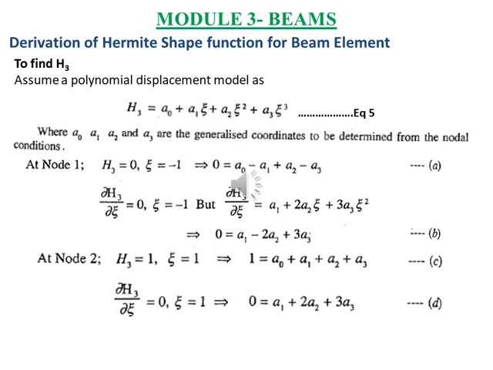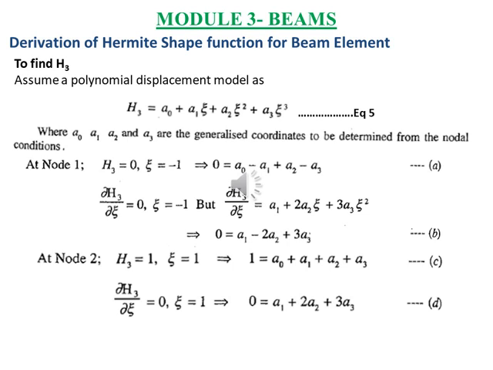So at node 1 H3 is 0 and neta is minus 1. So I can rewrite the equation number 5 as 0 is equal to A0 minus A1 plus A2 minus A3. Similarly, differential of H3 at node 1 is 0, and neta is minus 1. Hence del H3 by del neta is equal to 0, neta is equal to minus 1.